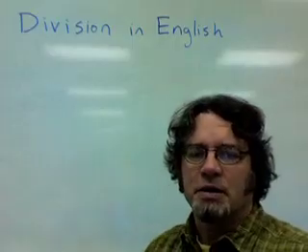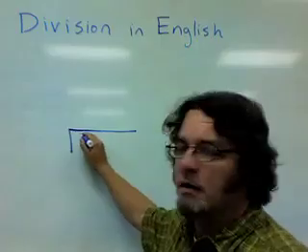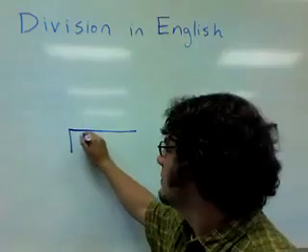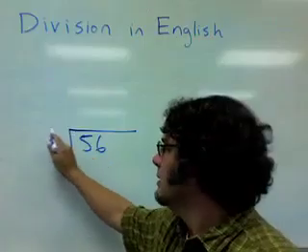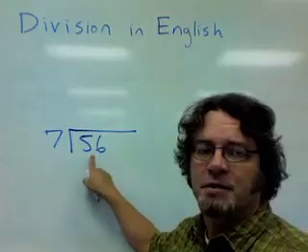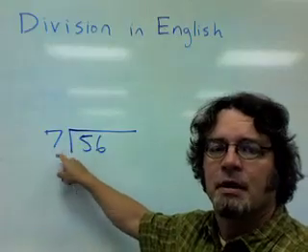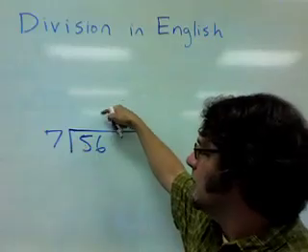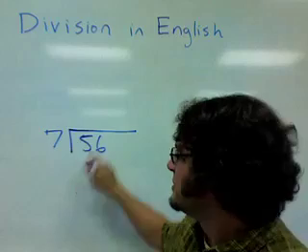You can also set the equation up like this. 56 goes here, and then the 7 would go here. 56 divided by 7. And then you guess how many times 7 goes into 56.